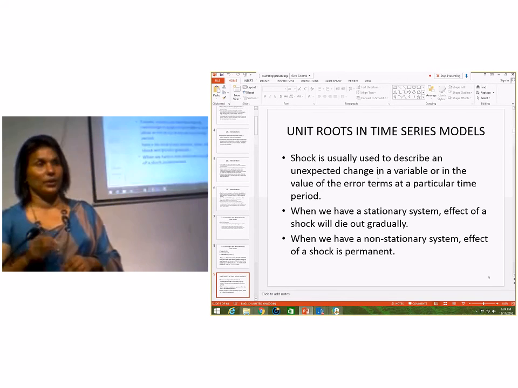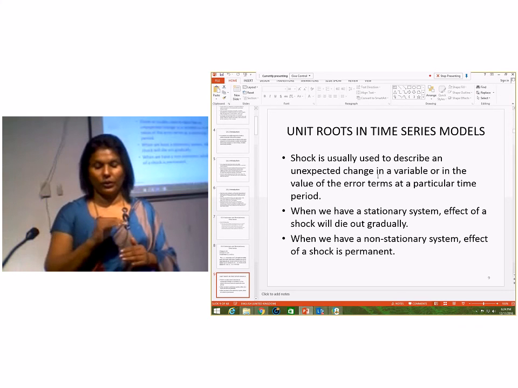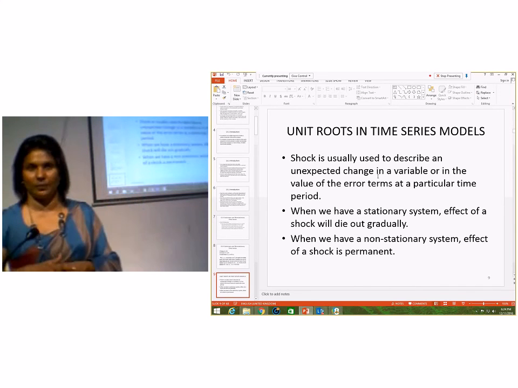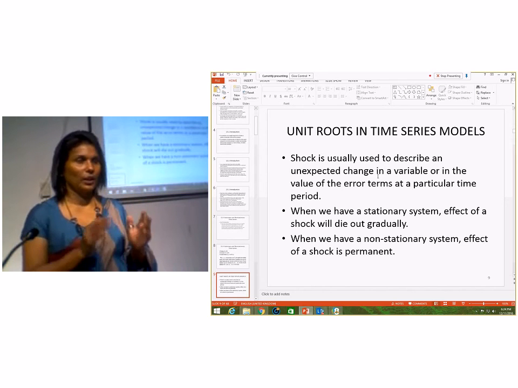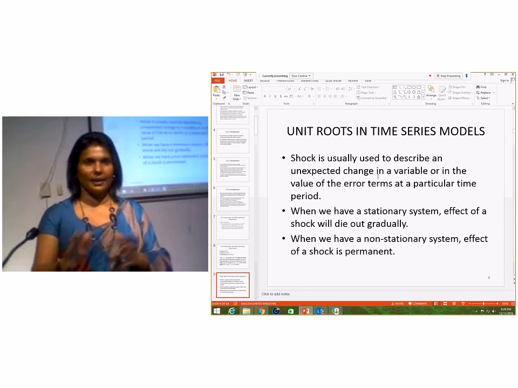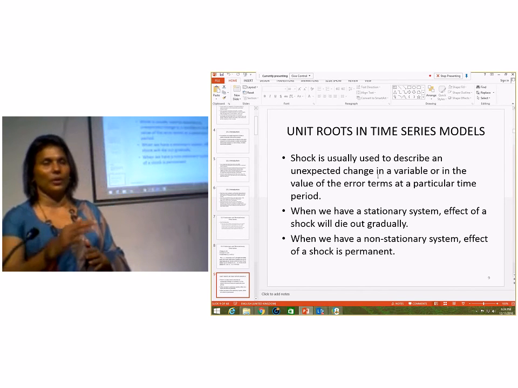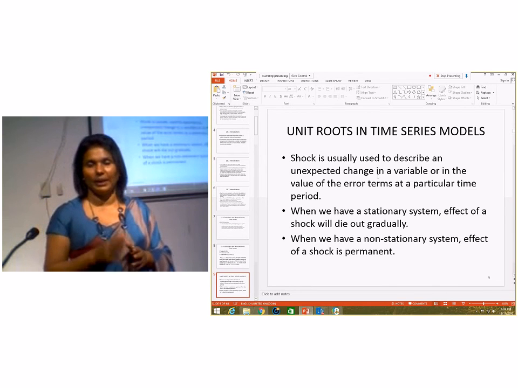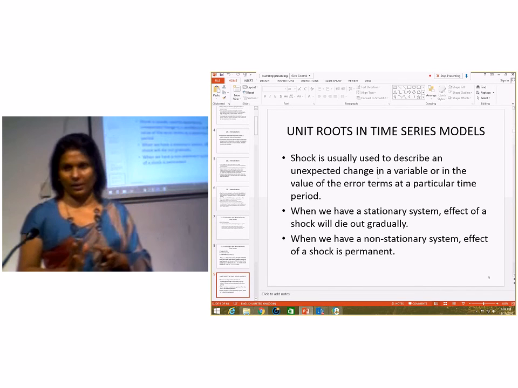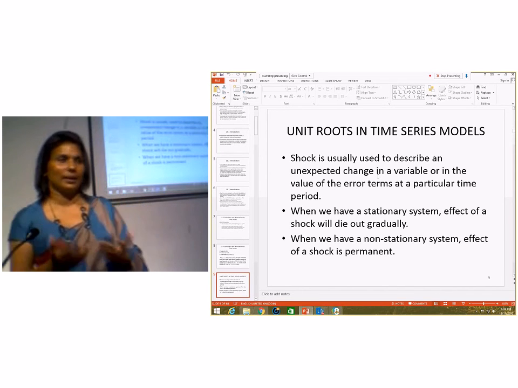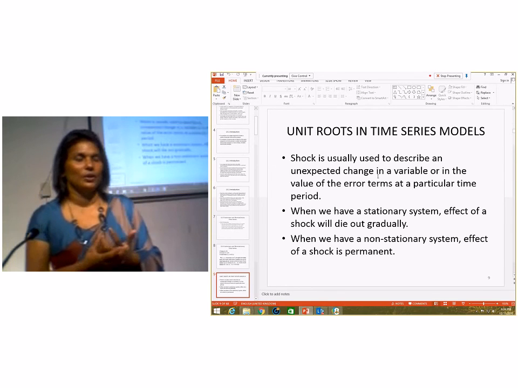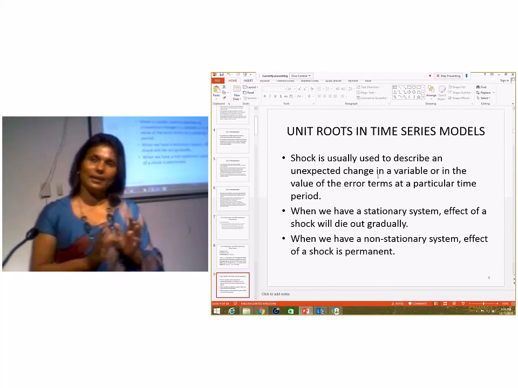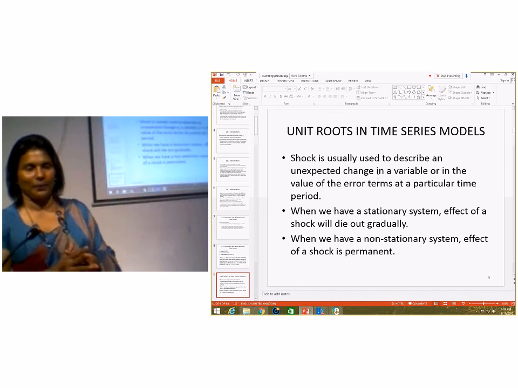When we have a stationary system, the effect of shock will die out. When we have a non-stationary system, if we consider the data as it is, the effect of shock is permanent. But the effect of a shock, like a political election, a shock to the economy or the share market, is not permanent, it is temporary.